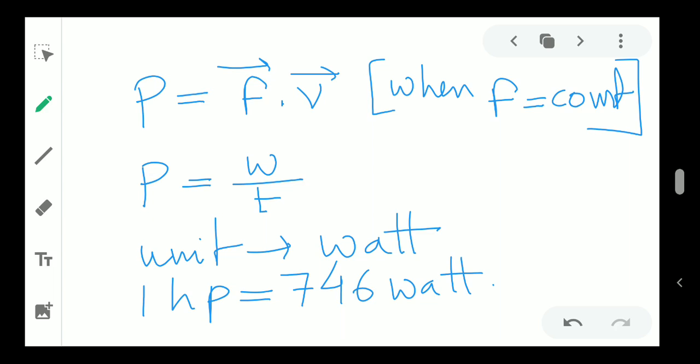But say we are talking about an electrical circuit, and we know that the heat dissipated by any electrical circuit is I square RT. I think you have already read it in your previous class.